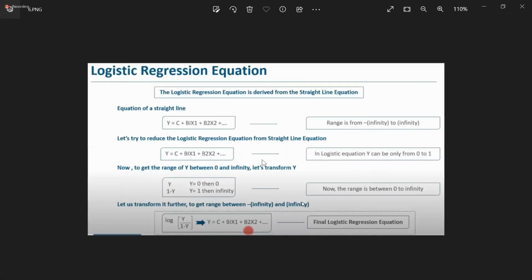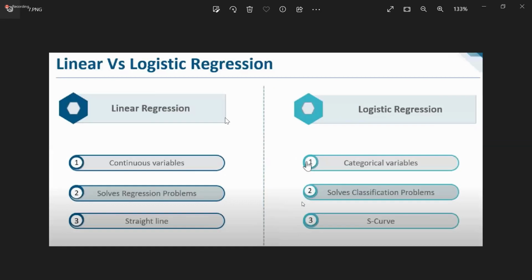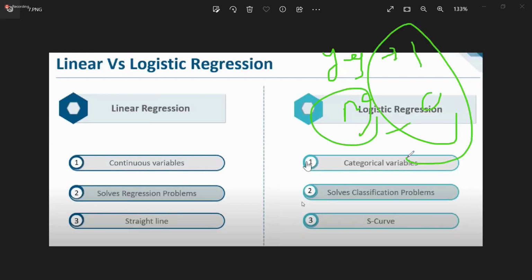And finally, if I compare both, in linear regression the dependent variables are continuous. In logistic regression the dependent variable is categorical or binary. What is categorical, guys? Yes or no. Yes is categorical data, no is categorical data. If I map yes to 1 and no to 0, it is binary.